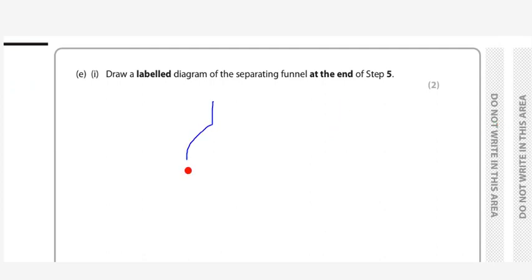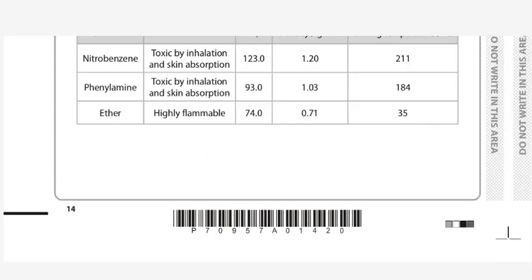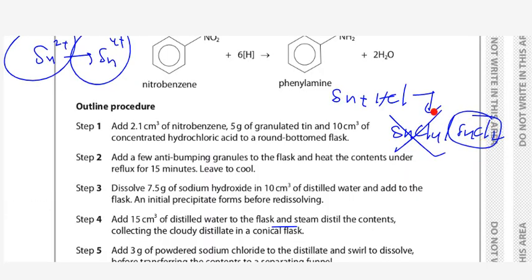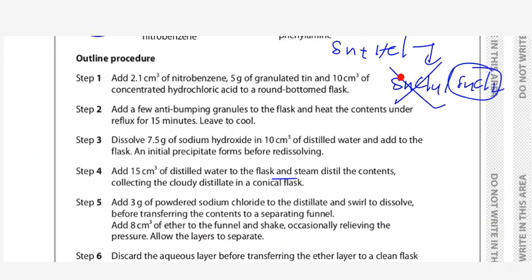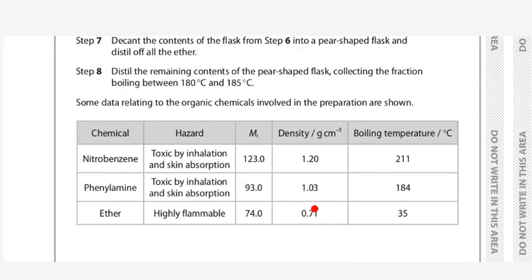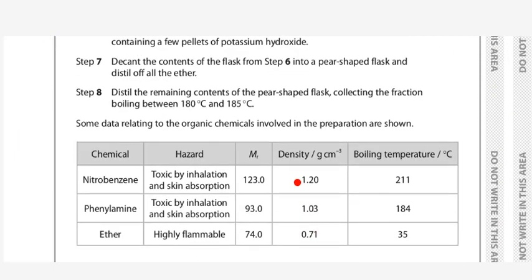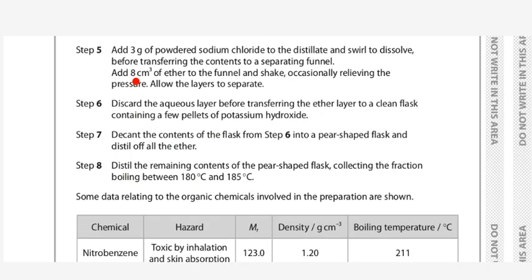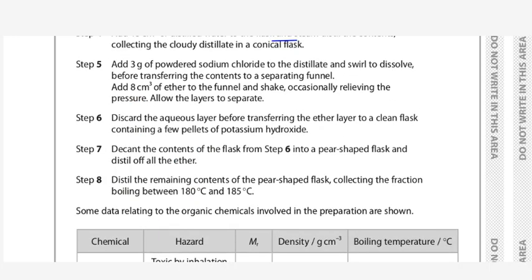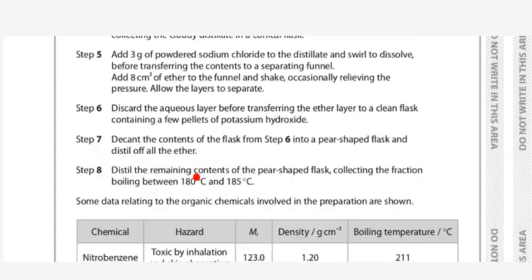Draw a labelled diagram for the separating funnel at the end of step 5. So you need to know the two solutions, the more dense and the less dense one. In step 5, you see the densities of the organic layer. What do you have in step 5?